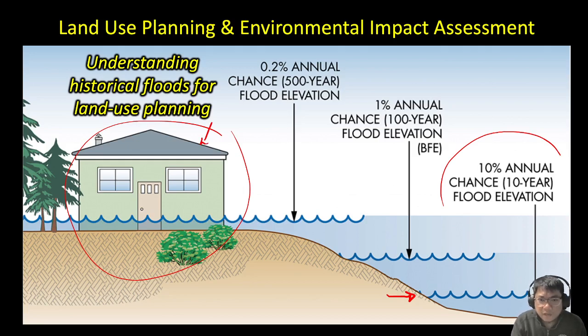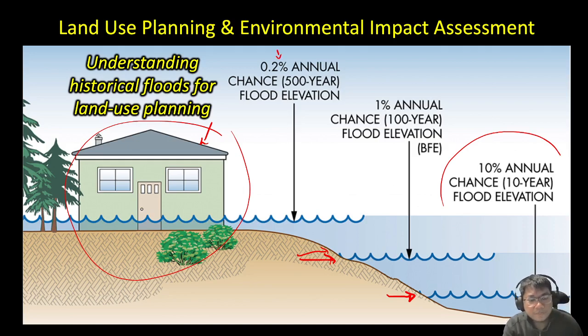It would also be safe from the 100-year flood, because the 100-year flood is at this level right here, but this area is clearly not safe from the 500-year flood, which has about a 0.2% chance to occur every single year.